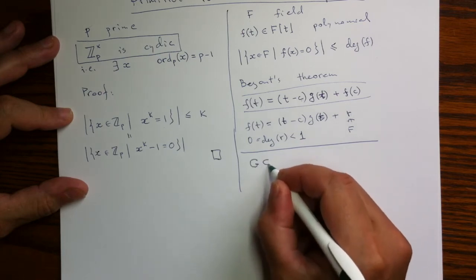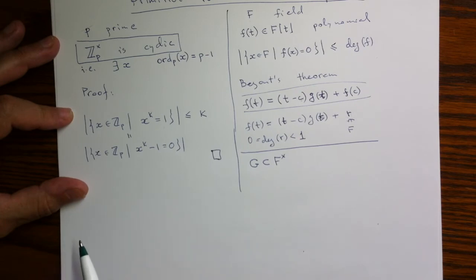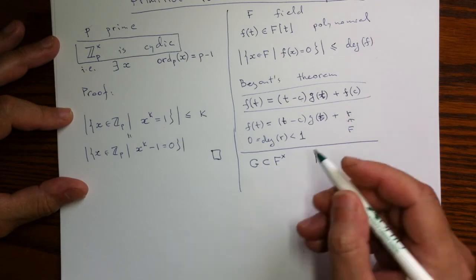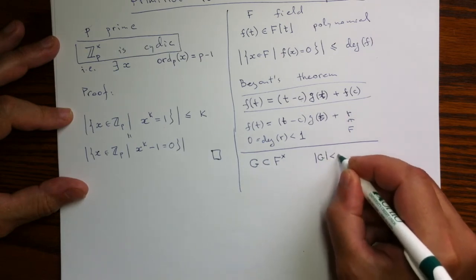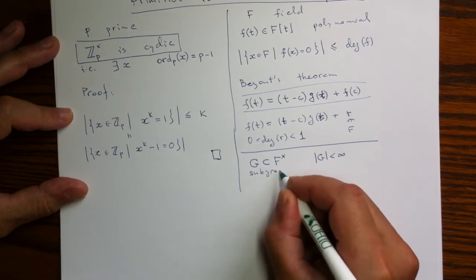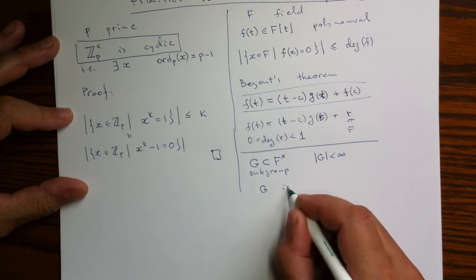Just to generalize this statement, we could say that if we have a field again and look at the multiplicative group of non-zero elements and look at some subgroup in here of finite order, then we can be sure that this subgroup is cyclic.